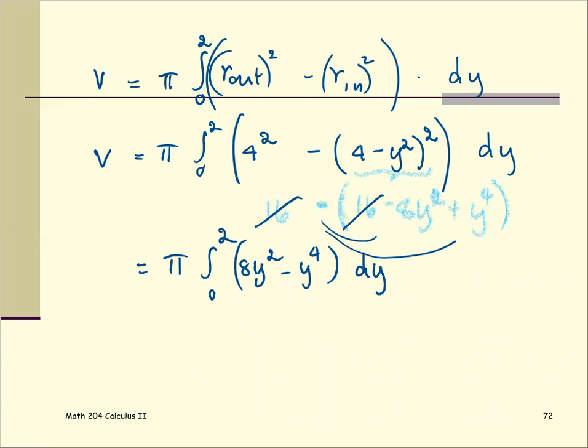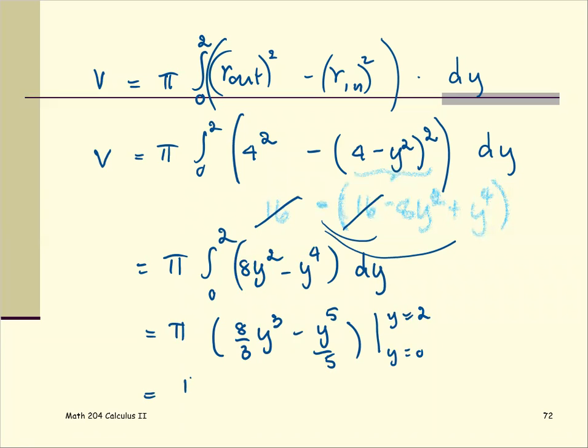And then after that, just do the antiderivative using the power rule. Evaluate from y equals 0 to y equals 2, with pi as a coefficient. The first round, you put the upper limit value 2 into y.